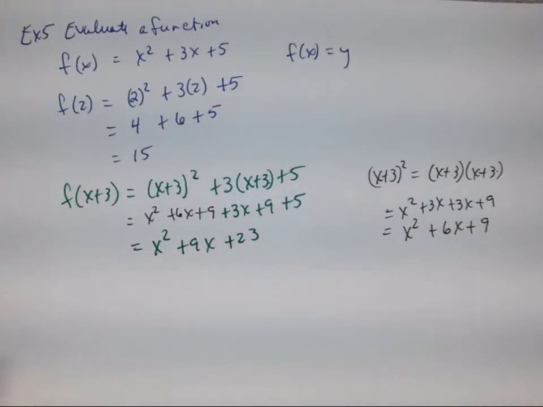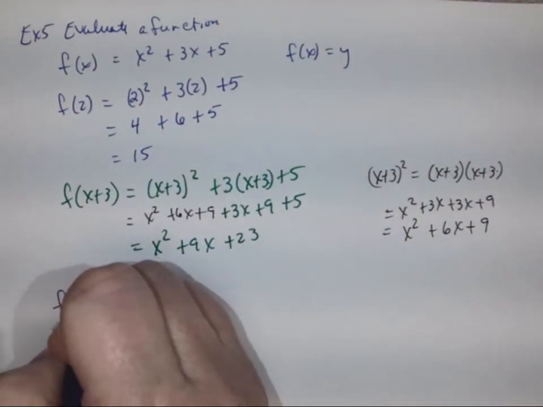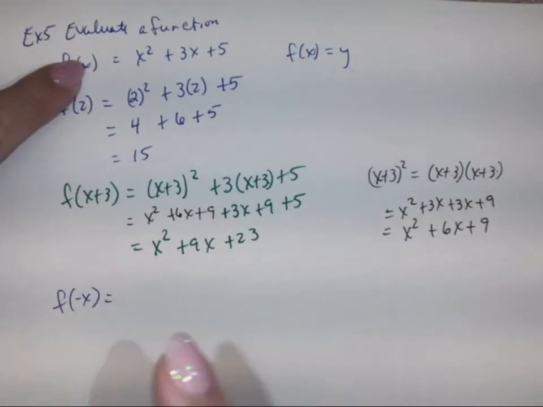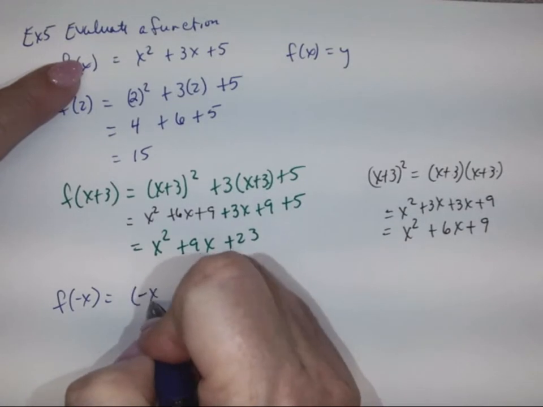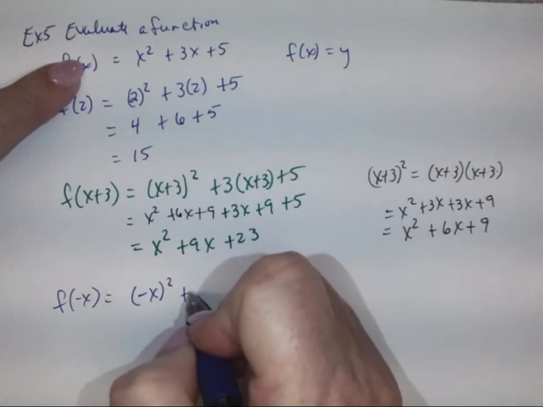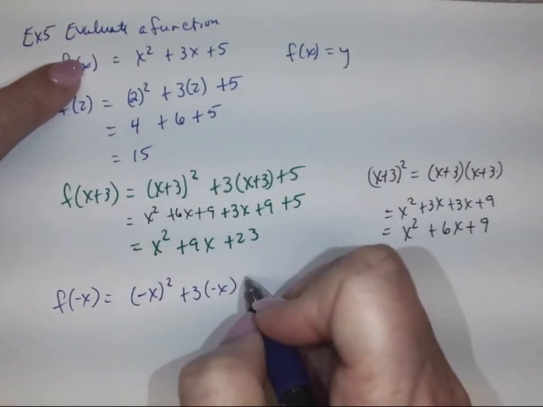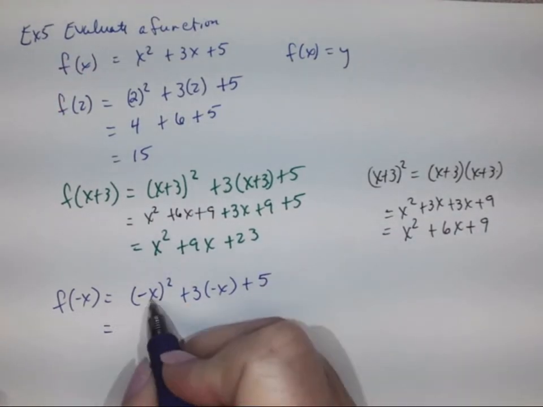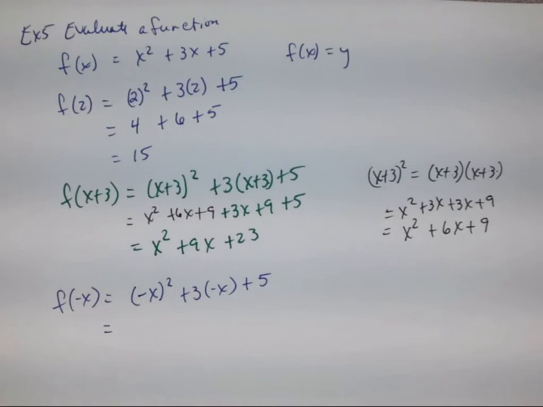All right, let's do one more. So if we find f at negative x, that means wherever x is again, we're going to plug in a negative x. So we have negative x squared plus 3 times negative x plus 5. So negative x squared, well, that's negative x times negative x.